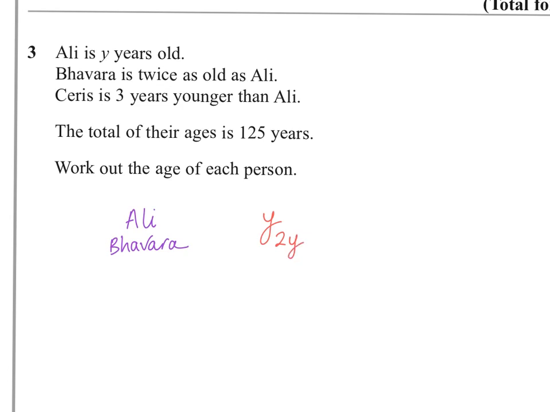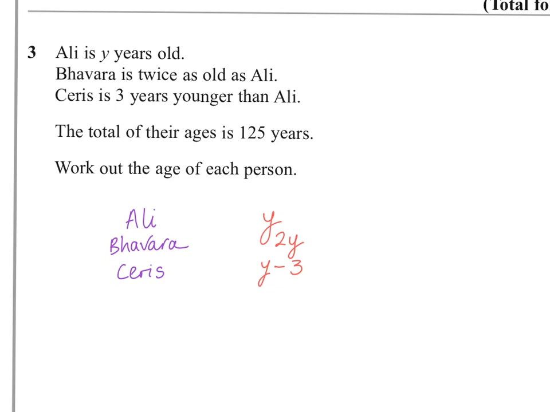And it says Cheris is 3 years younger than Ali. So let's write that down here. I think the names are harder for me to pronounce than the actual maths involved, so I hope I've not offended anyone if that's your name. So Cheris is 3 years younger than Ali, so you'd have y minus 3 here.